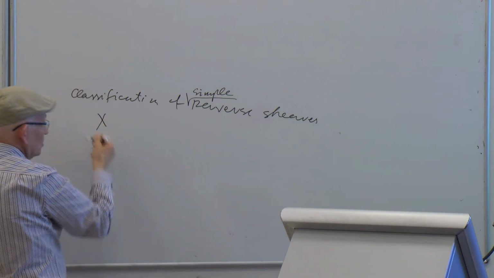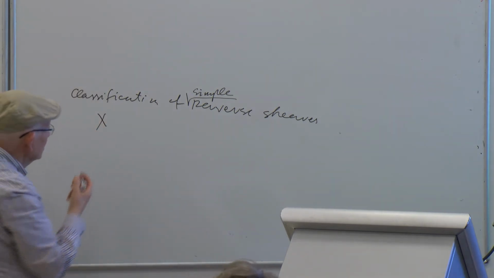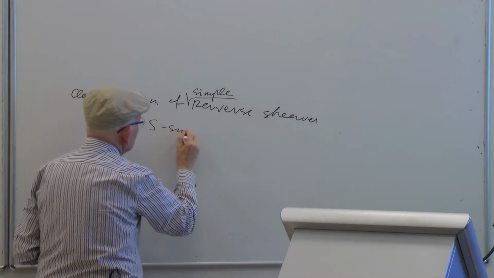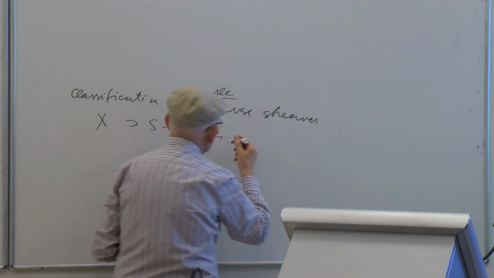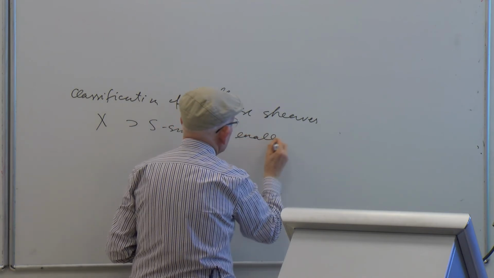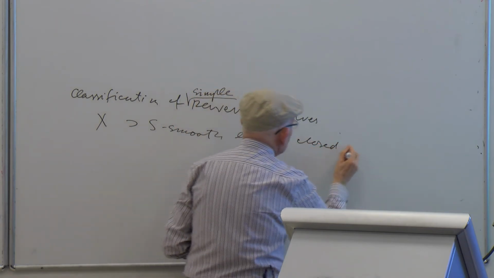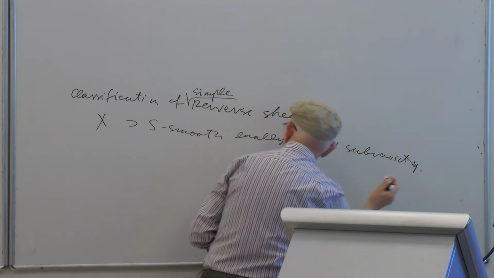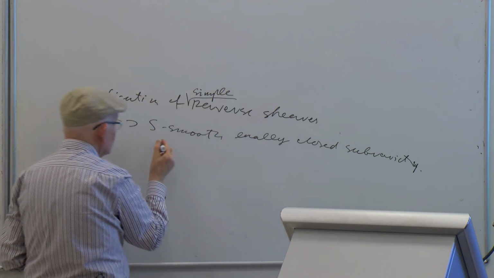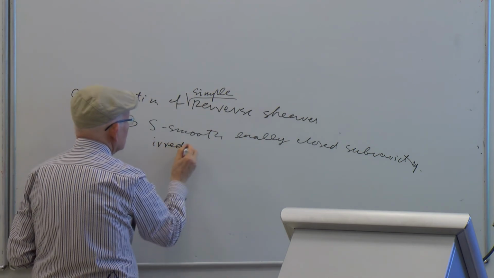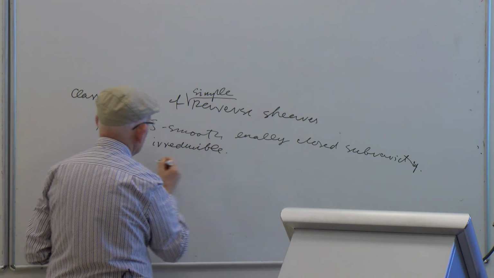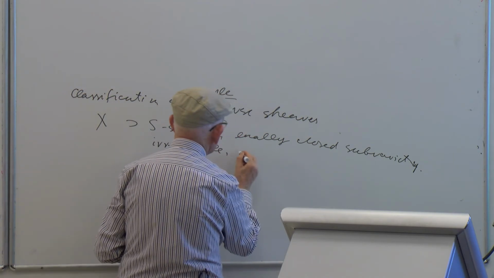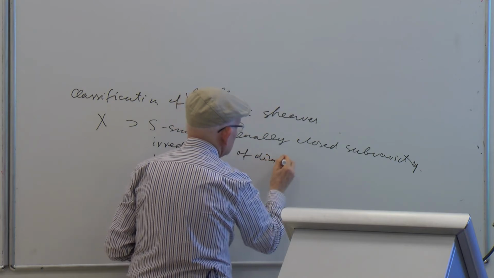Suppose I have X, and I want to classify all irreducible perverse sheaves on X. Let's choose in X some S, smooth, locally closed, separated, and in fact also irreducible, of some dimension.